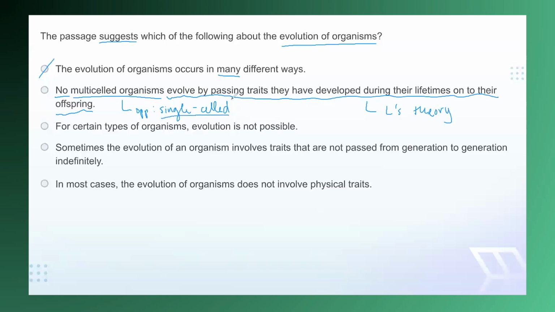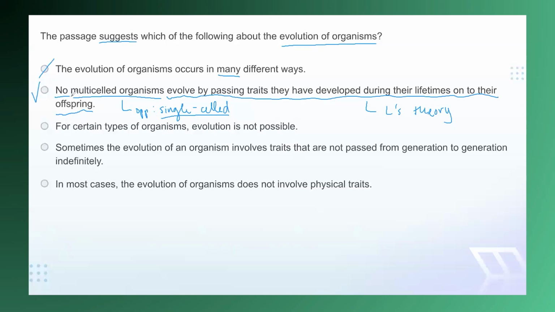Now, if these are the only case, again, the sole refuge for this theory, then that means that there are no other organisms that evolve via this mechanism, which means that there are no multi-celled organisms that evolve via this mechanism. So this must be true.